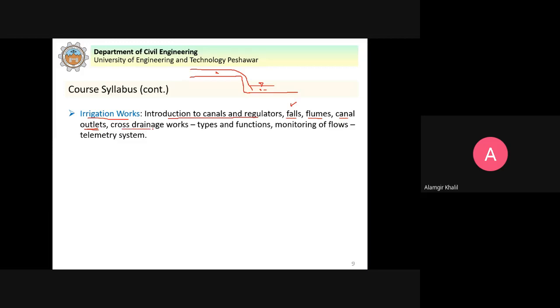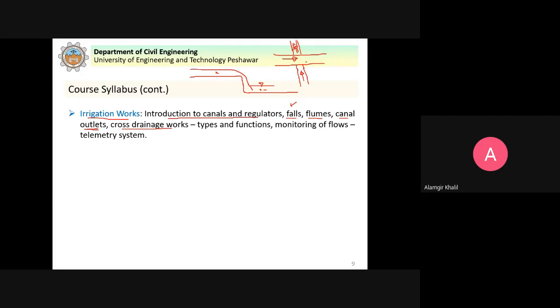And we have cross drainage works. As I already explained, for example, you have a stream flowing or a drain, and we are going to construct a canal. How will this canal cross this natural drain or stream? Either there should be level mixing, where the canal water is allowed to mix, and then on the other side it is again withdrawn into the canal.